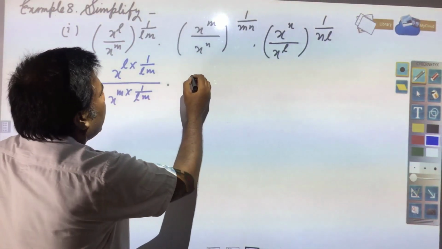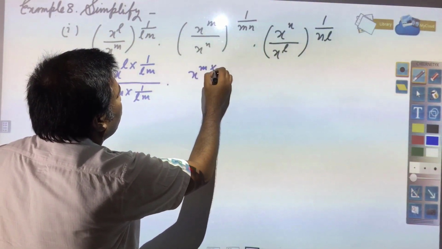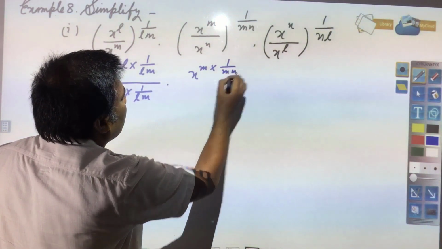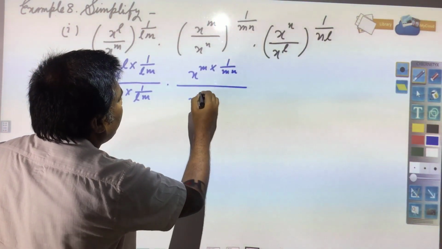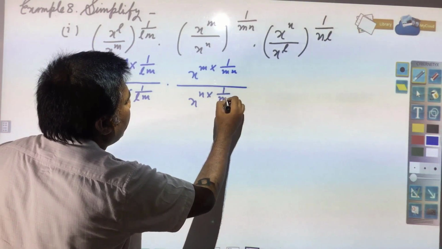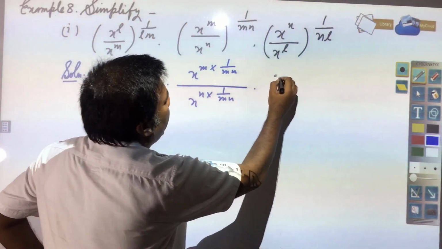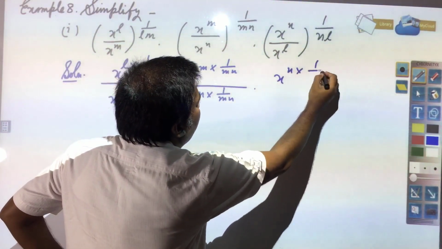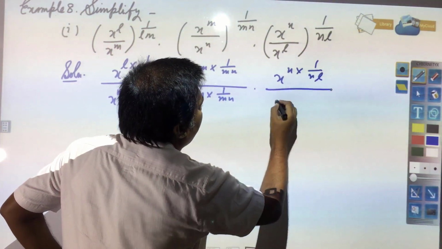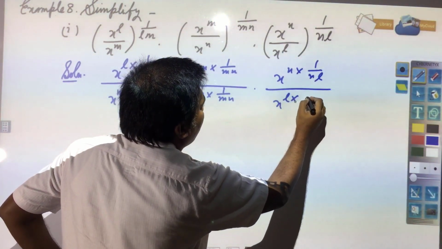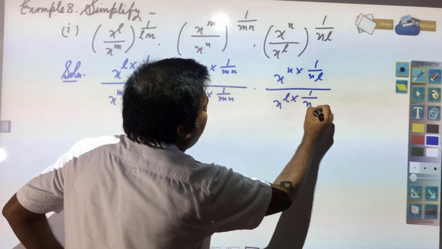Here you see x to the power m into 1 by mn divided by x to the power n into 1 by mn, into x to the power n into 1 by nl divided by x to the power L into 1 by nl.